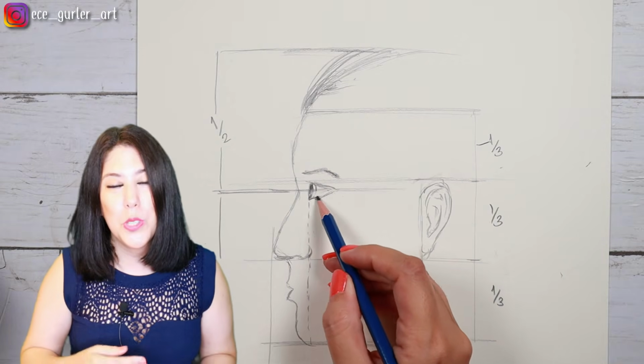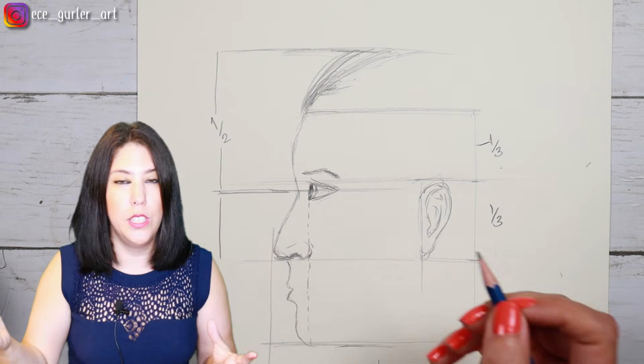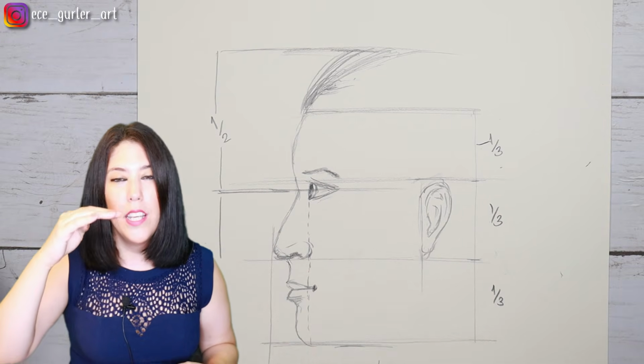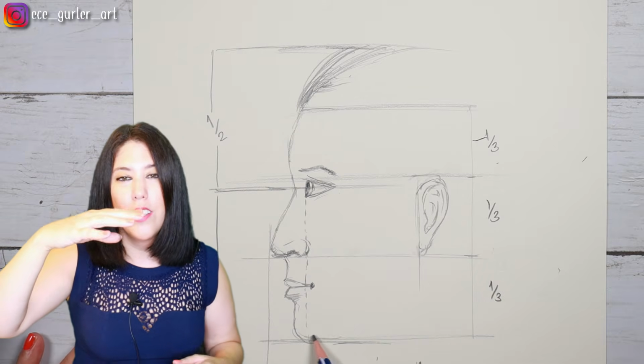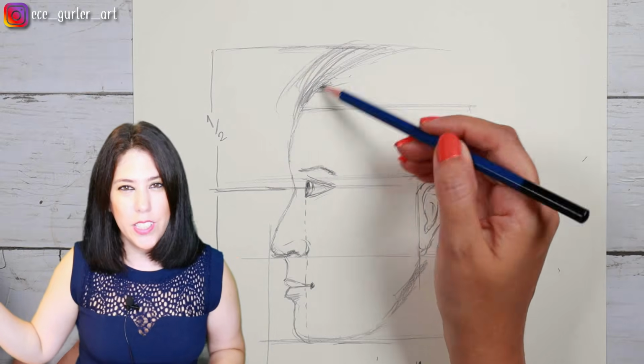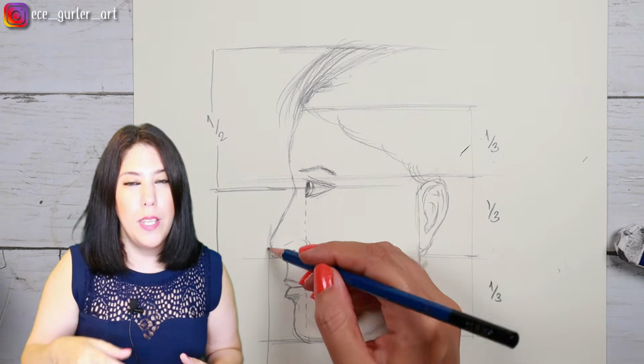And then, of course, where the nose ends needs to be where the second 1/3 needs to be. And once you do that, the last one between the chin and the nose, there will be a 1/3 area. And here, if you divide it into half, it will mark where the lower lip ends.